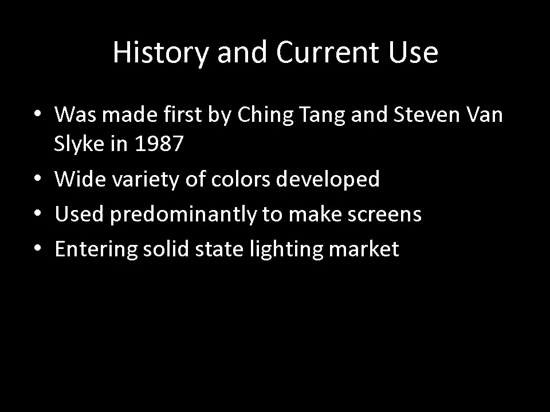Because of its small size, lightweight, and ability to emit bright colors, it is predominantly used to make screens, such as televisions and cell phones. Furthermore, OLEDs are slowly making their way into the solid-state lighting market, but currently regular LEDs perform much more efficiently at a lower cost. The biggest obstacles in development have been sealing the OLEDs and preventing degradation, as well as its high manufacturing costs.